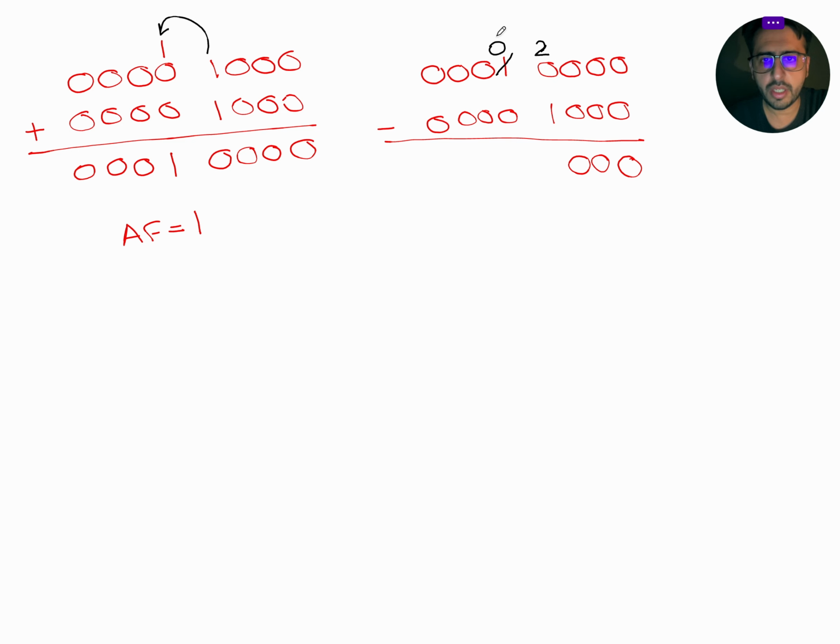So if you see, from the higher nibble, we have transferred the data towards the lower nibble. So this will activate our auxiliary flag. So 2 minus 1, 1, 0, 0, 0, 0. So here again, the auxiliary flag is equal to 1. Now let's take another example of 16 bits of data.